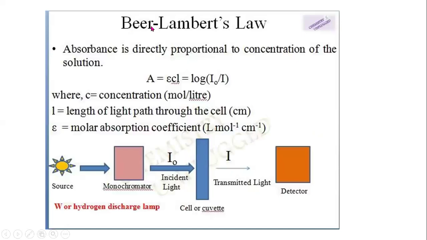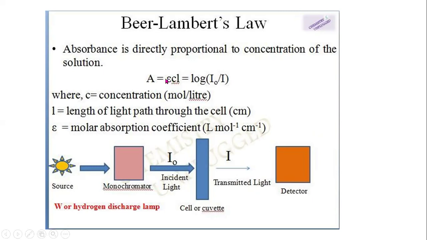Jointly together, we have the Beer-Lambert law, which says the absorbance is directly proportional to the concentration of the solution. So absorbance is proportional to epsilon, concentration and path length. This epsilon is a constant, the molar extinction coefficient.